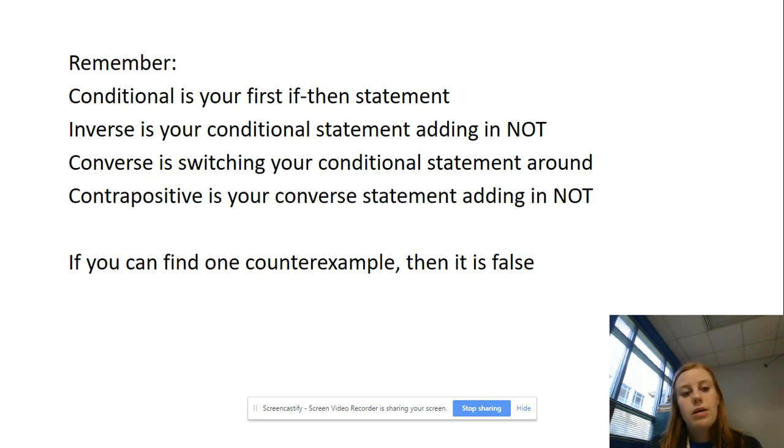Your contrapositive is looking at your converse statement and adding a not. So try not to make this more complicated than it is. Also, one other thing, if you can find one counterexample, then it is false. I don't need 10 to make it false. I just need one. Okay, so I hope this helps, and let me know if you have any questions.